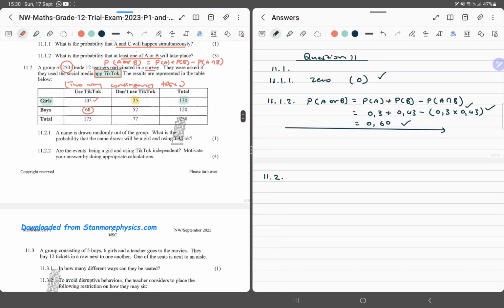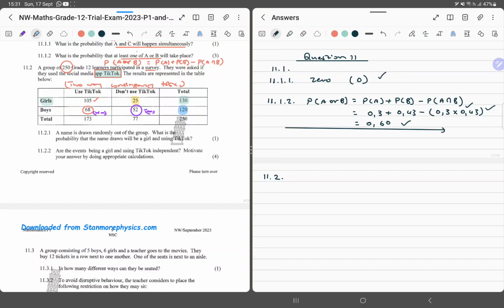Now the boys that don't use TikTok are those ones. And now these are true men, TM boys. These ones are weak boys, WM.